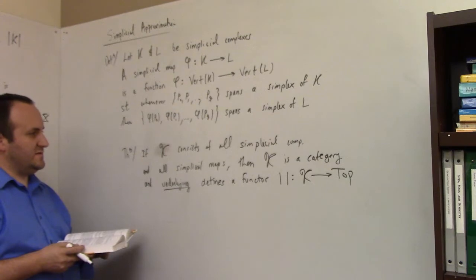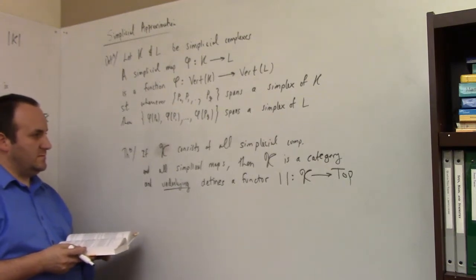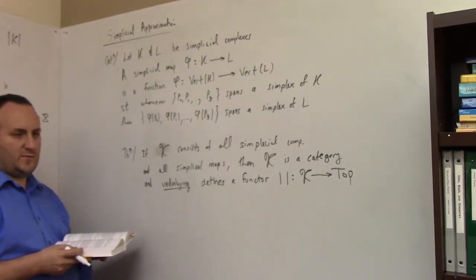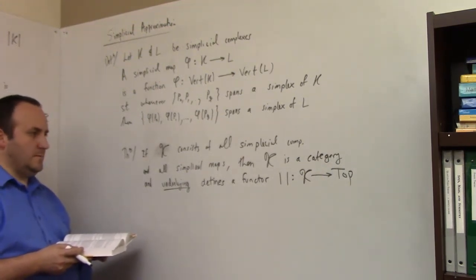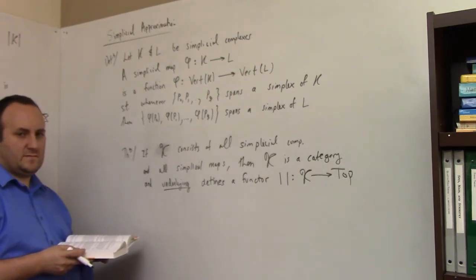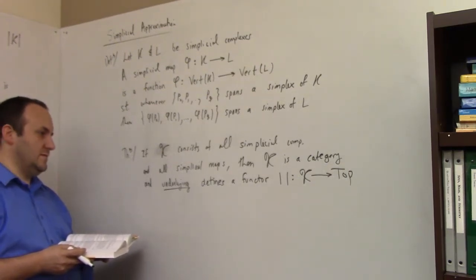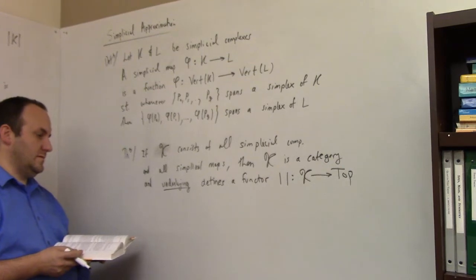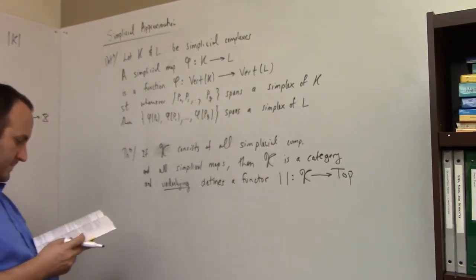So the objects are the complexes, right, and the morphisms are the simplicial maps, I guess. So the functor takes those to the underlying space, and this induced map they talk about.